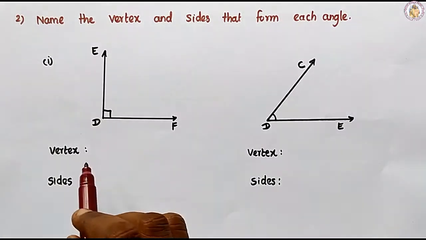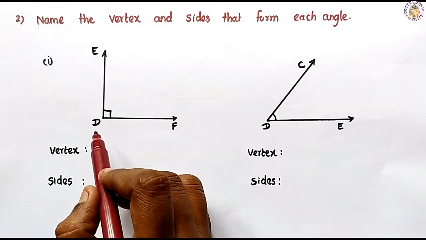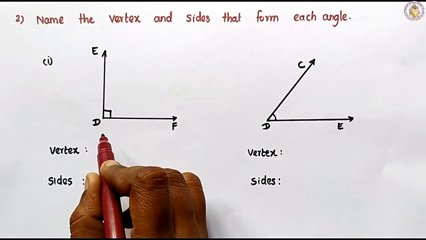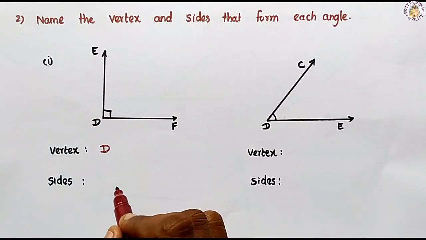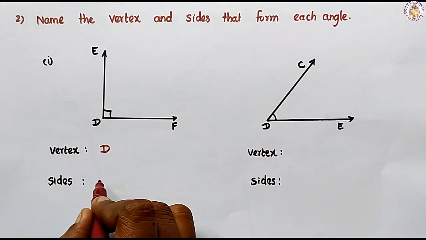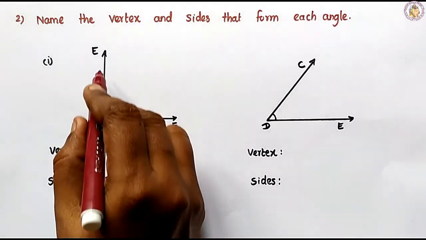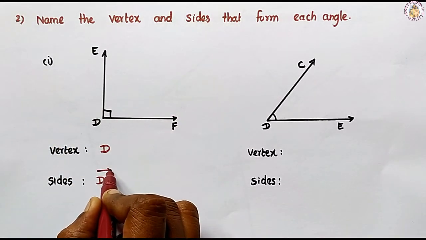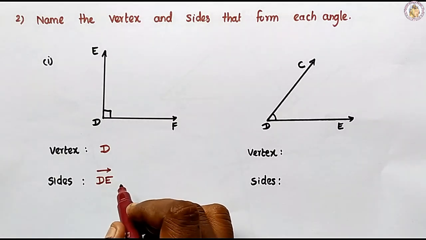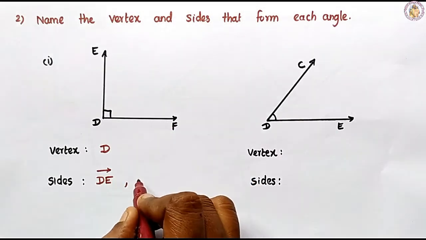So we have to name the vertex and sides here. Vertex, first one, D. D is the vertex here. And sides, DE. This is a ray, no? So put the mark above the name: ray DE and ray DF.